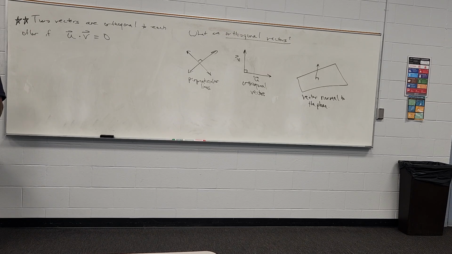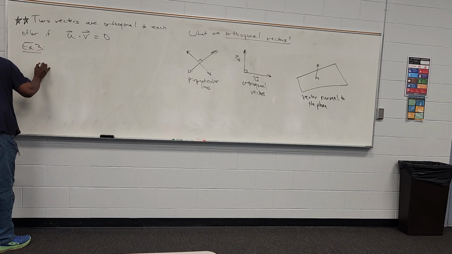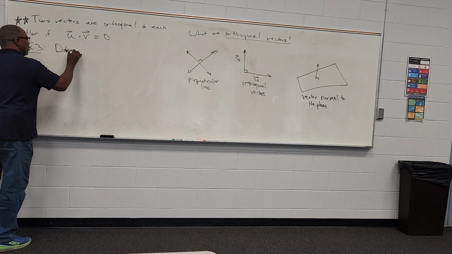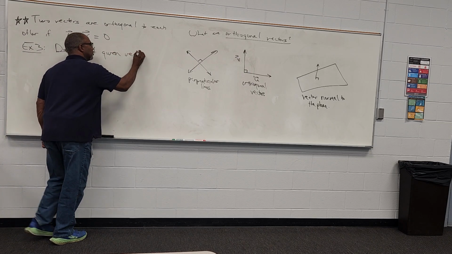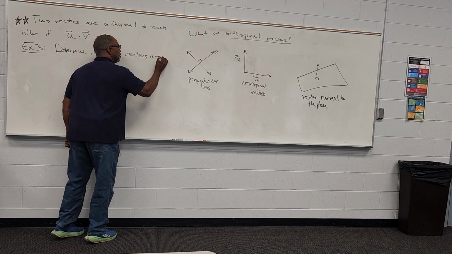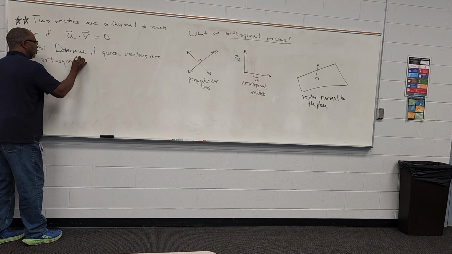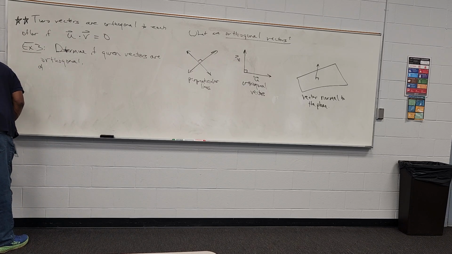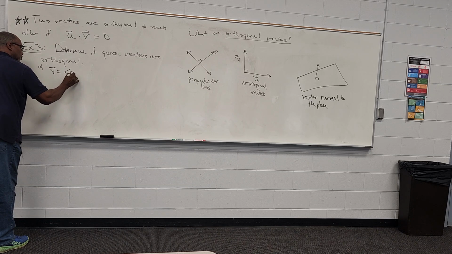So with that in mind, example 3. Example 3 says, determine if the given vectors are orthogonal. So A, they give us v equals 3i minus 6j. They wrote it in component form.